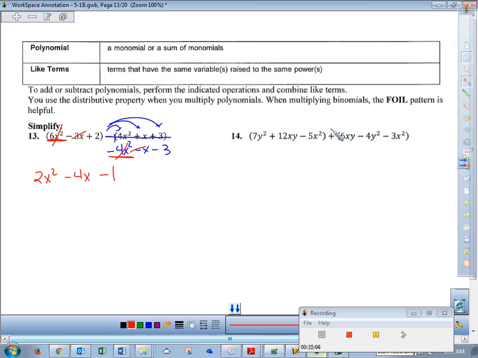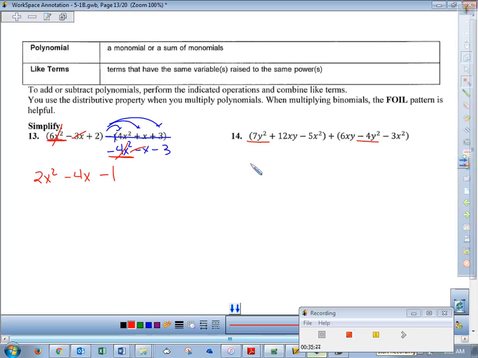Next one. First question, do I have to change all the signs in the second one? Nope. But aren't there x's and y's involved? There is no proper order to put them in, right? There's not just one way to do it. So the way I roll with it is I read from left to right. Here's some y squareds. I'm going to find all my y squareds first. 7y squareds.